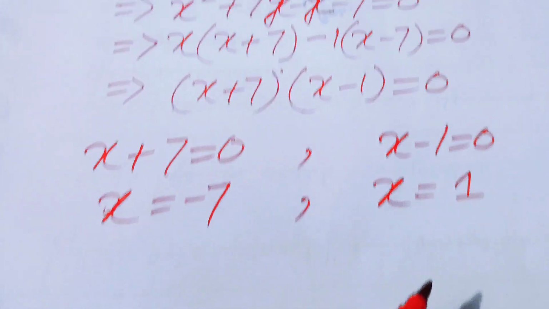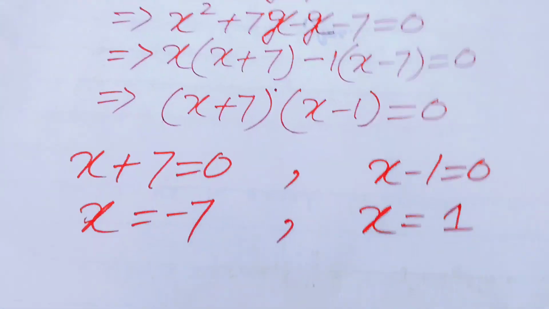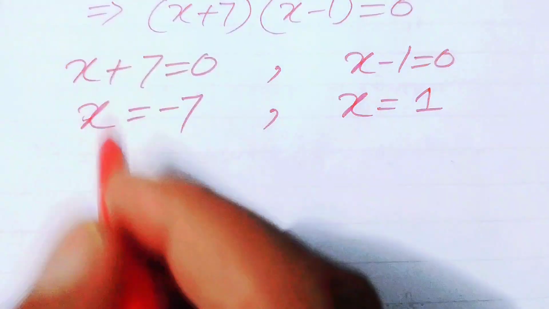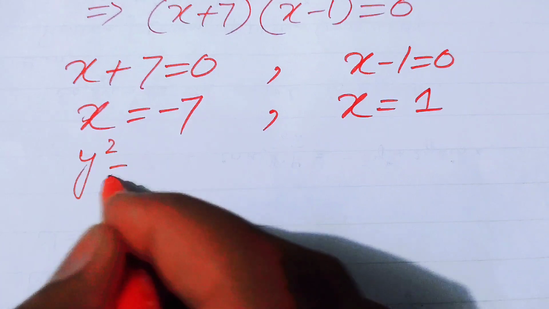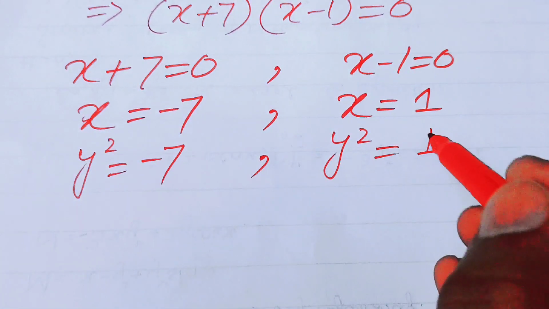And now we back substitute the value of x, and here you see that we have x is equal to y squared. So we back substitute the value of y, and you get y squared is equal to minus 7 and y squared is equal to plus 1.